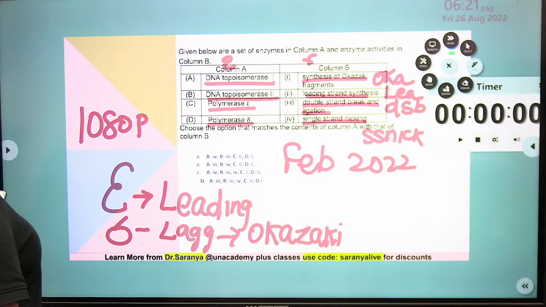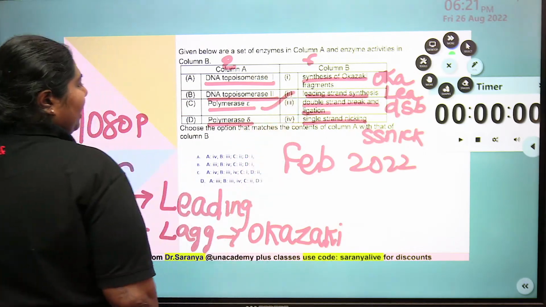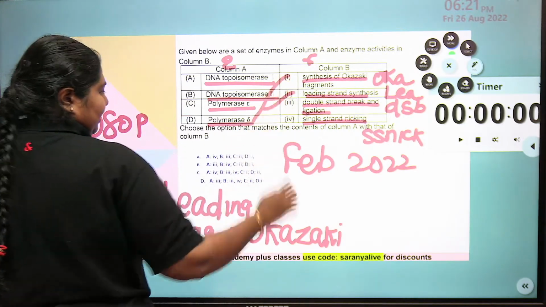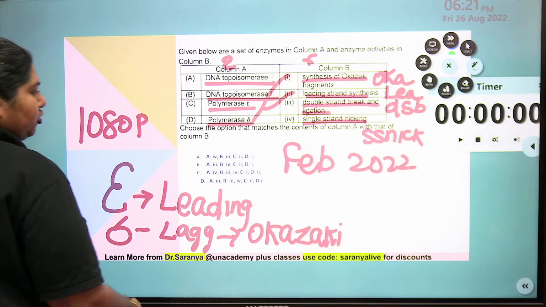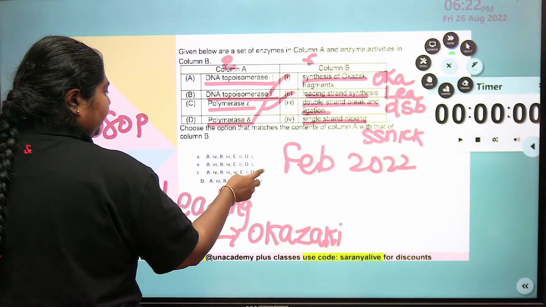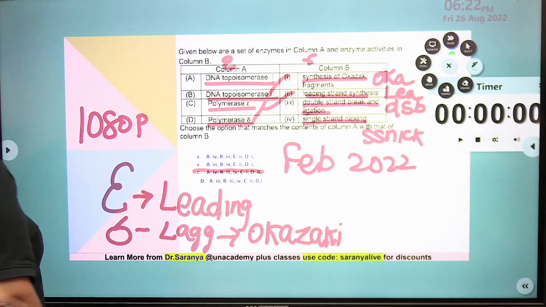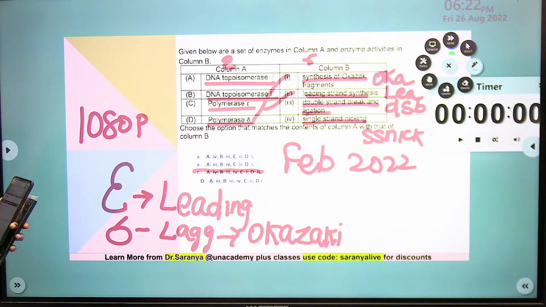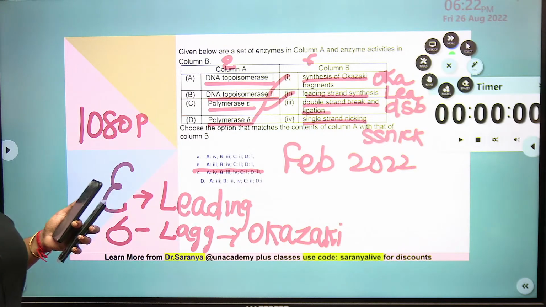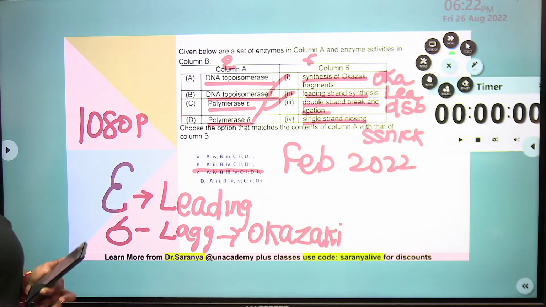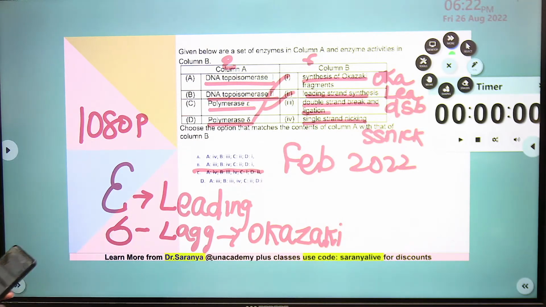Based on that, can you eliminate any options? Check it out. C is for 2 and D is for 1. So maybe only this one option you can eliminate, but the other 3 remain. So we have to go with topoisomerases 1 and 2. Topoisomerases, of course, will create the break.